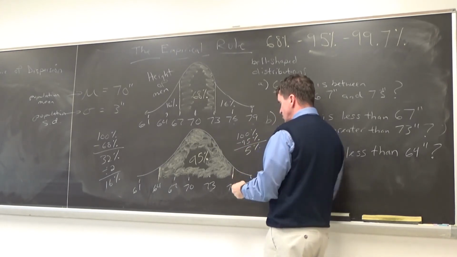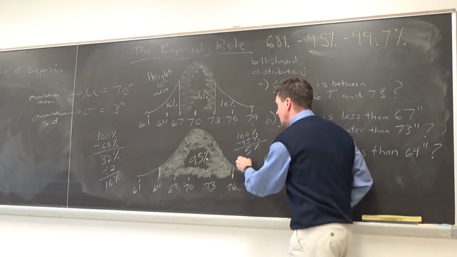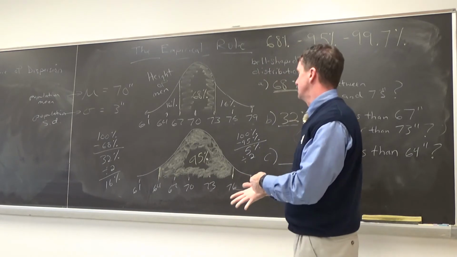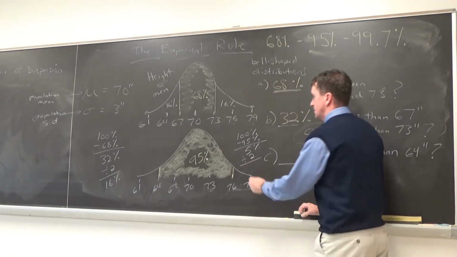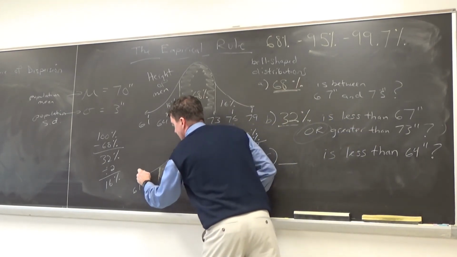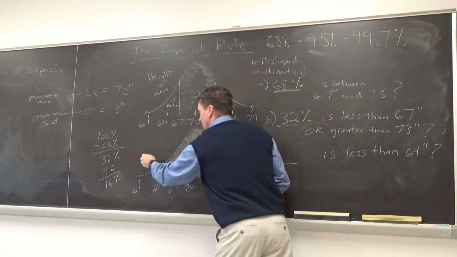5%. But there's two open tails here. So I'm going to divide it by 2. I'll take 5 divided by 2 on my calculator. Can I get 2.5, right? So what percent is in each one of these tails? I'm going to write it really small. You might not be able to see it in the back, so I'm going to put an arrow here.